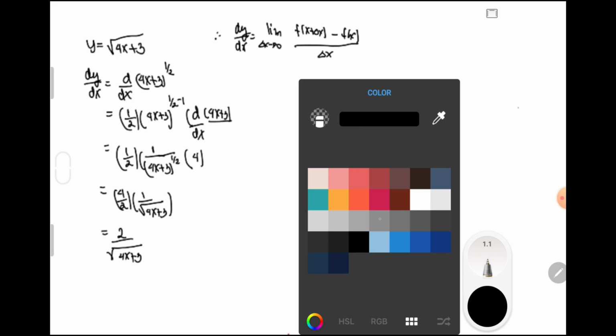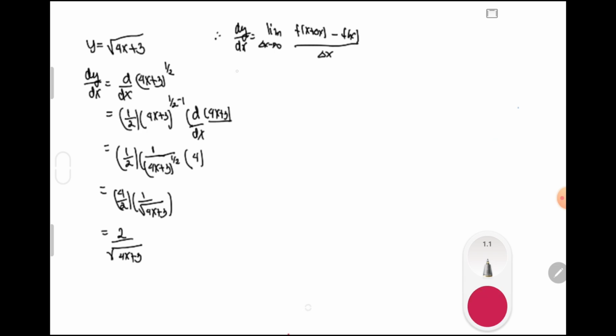So let's have our f of x plus delta x, which is equal to the square root of 4 multiplied by (x plus delta x) plus 3, and our f of x equals the square root of 4x plus 3.